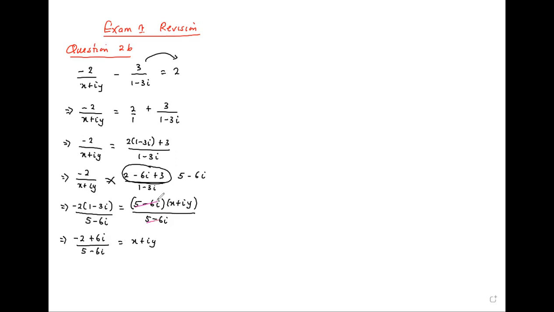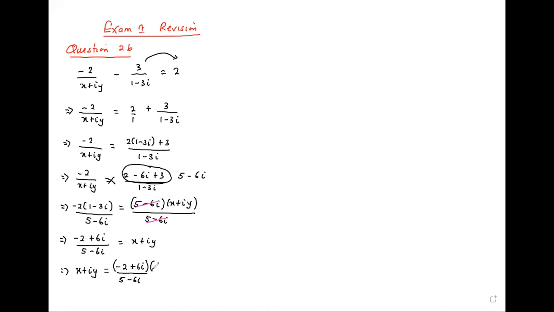This is going to cancel this one, so x plus iy is equal to negative 2 plus 6i over 5 minus 6i.